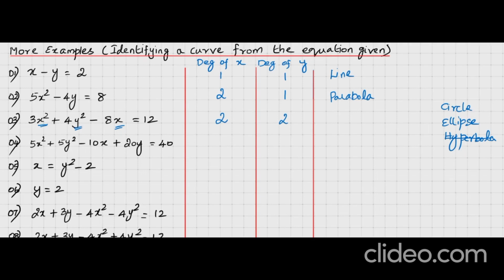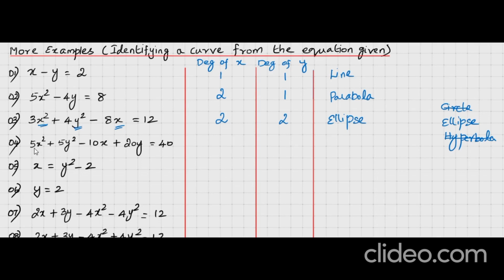For a circle, the coefficients will be equal. Here the coefficients are not equal, so the circle option is also ruled out. So the only option is ellipse. This is how you should come to a conclusion when both the degrees are equal to 2.